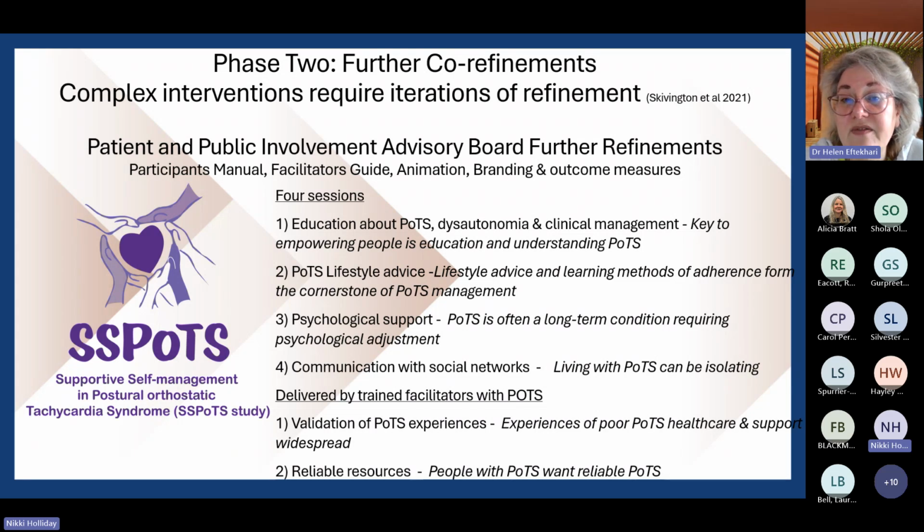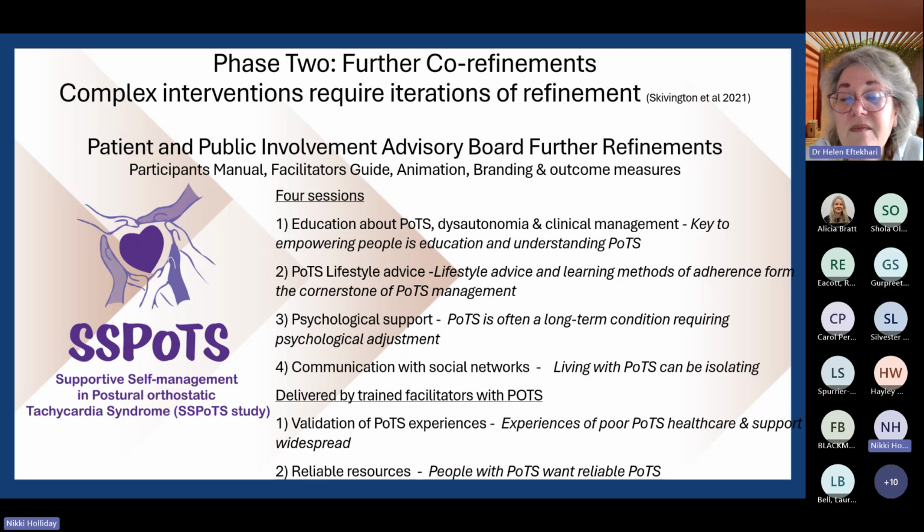What came out in the interviews was that a lot of people were often told they were mad or suffering from hysteria, because this is a predominantly female condition. So it's really important to get that approach to the need for support for psychological adjustment right, so that you weren't reinforcing for people that this is all in their heads, and communication with social networks.